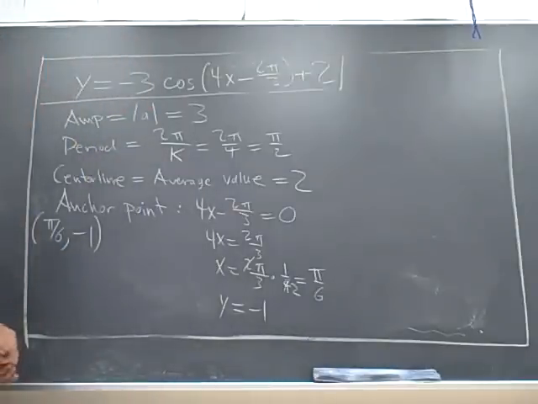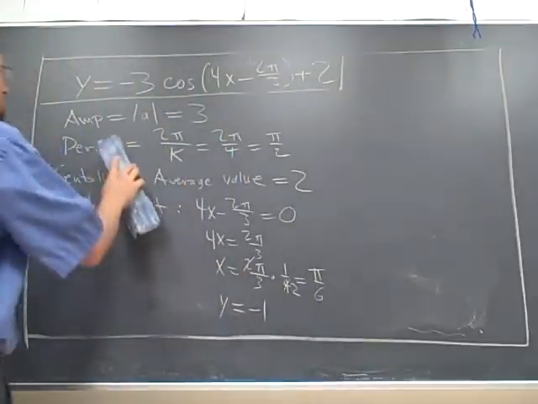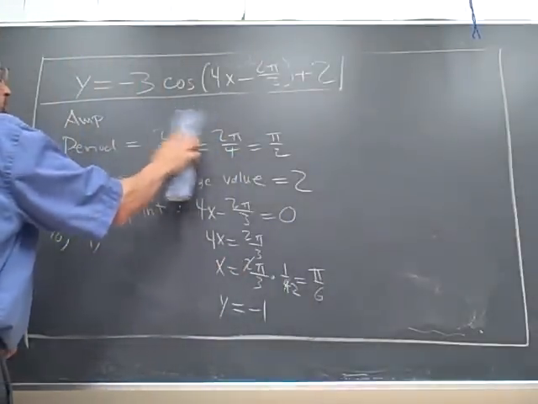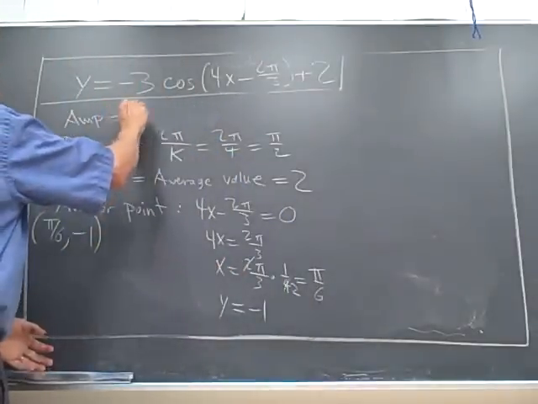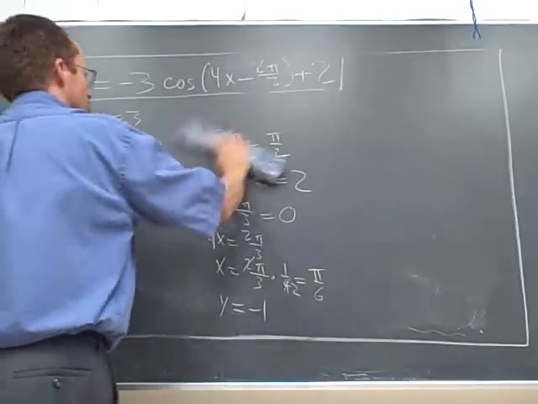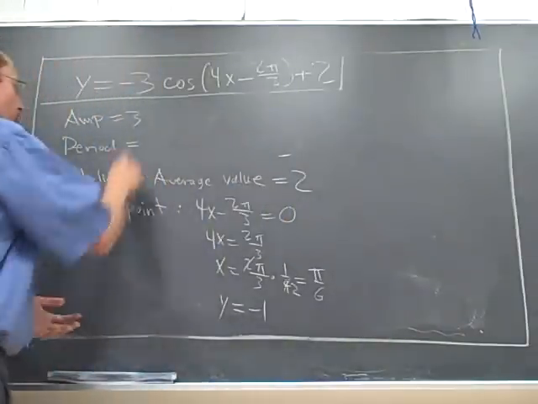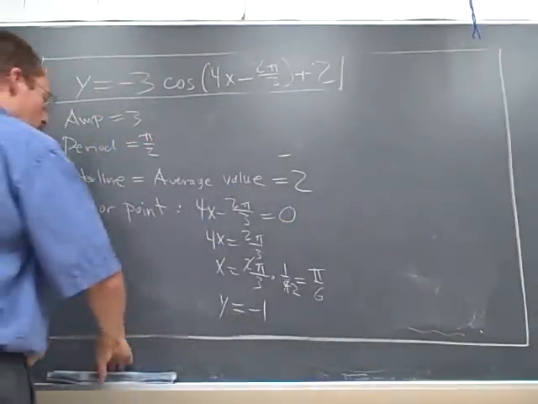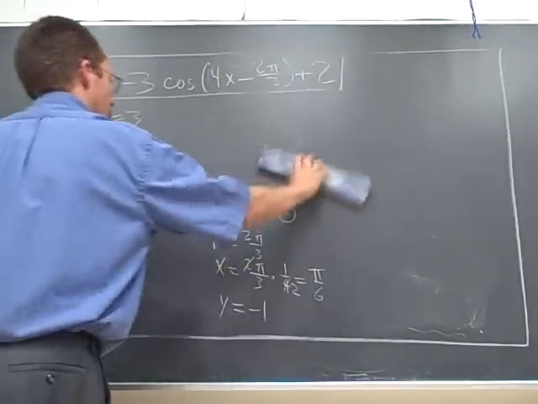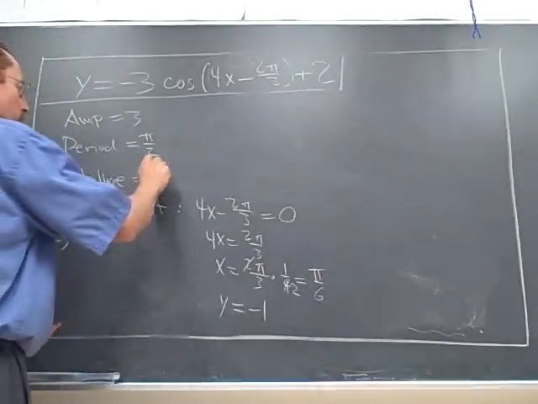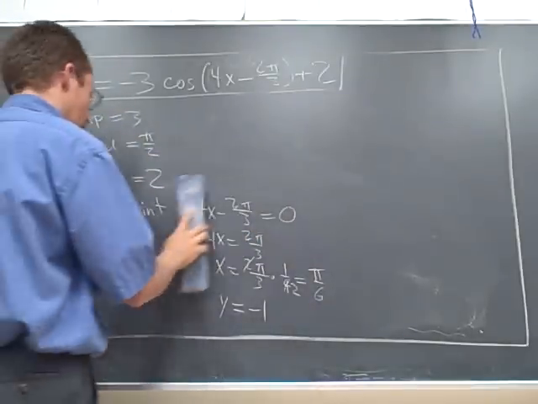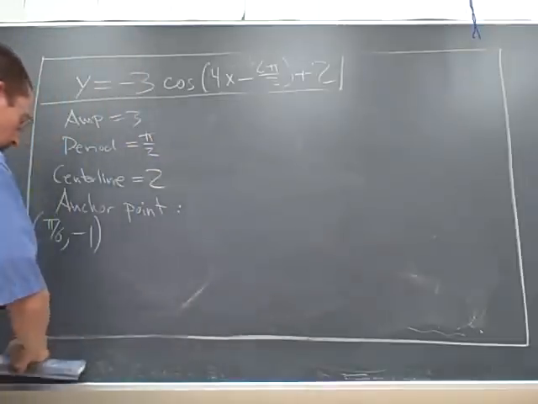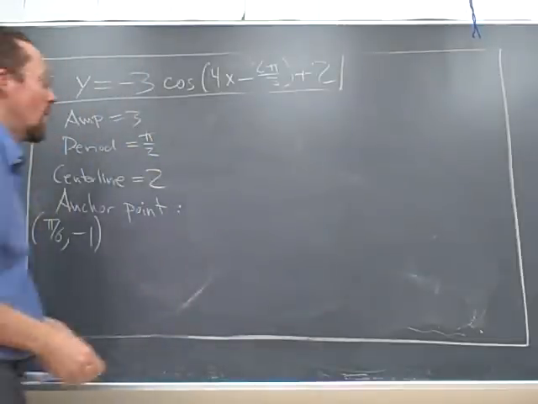And let me make some space by just erasing these calculations. These are still really important though. And the center line was equal to 2. And the anchor point is pi over 6 comma minus 1. Okay?